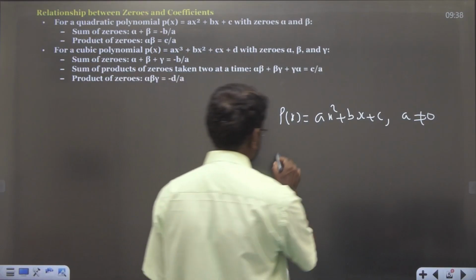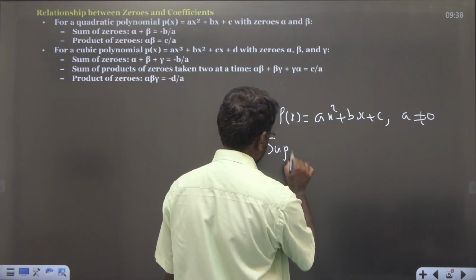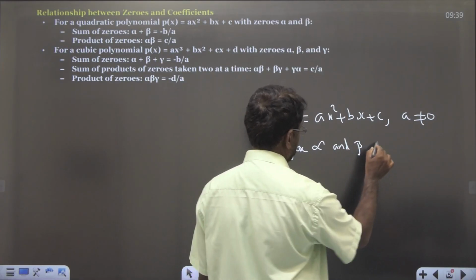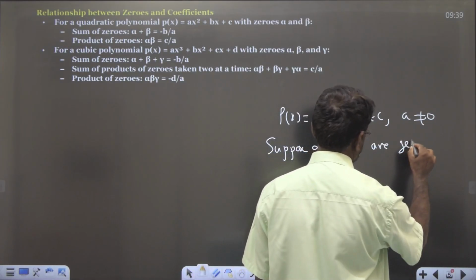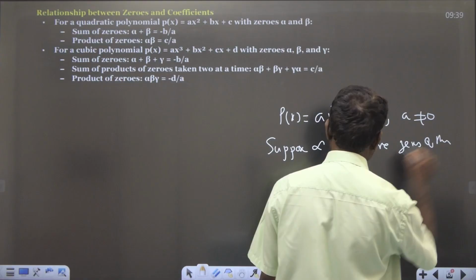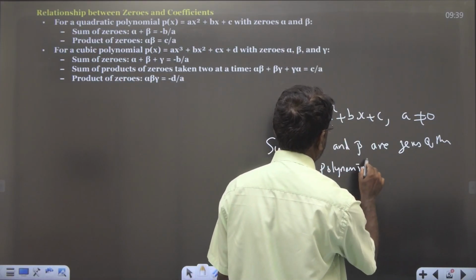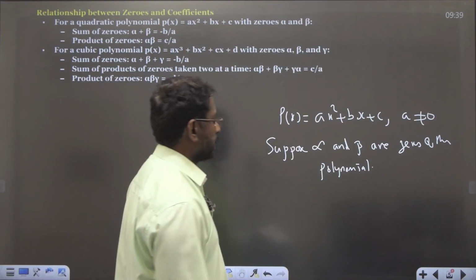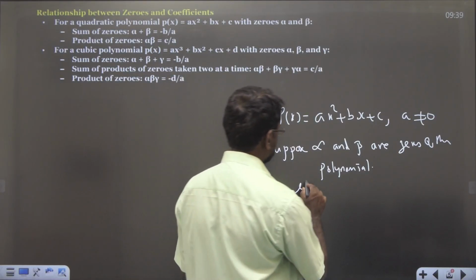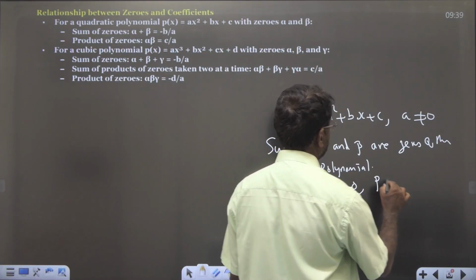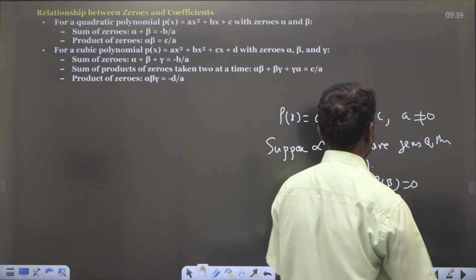Suppose alpha and beta are zeros of the polynomial, that is p of alpha is equal to 0, p of beta is equal to 0.